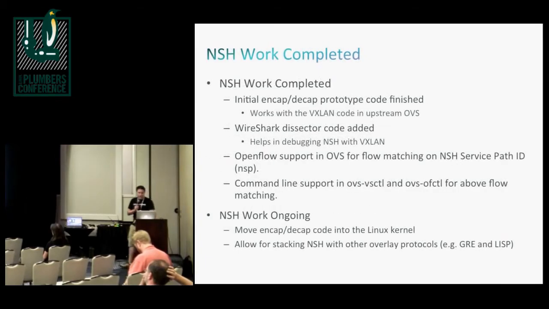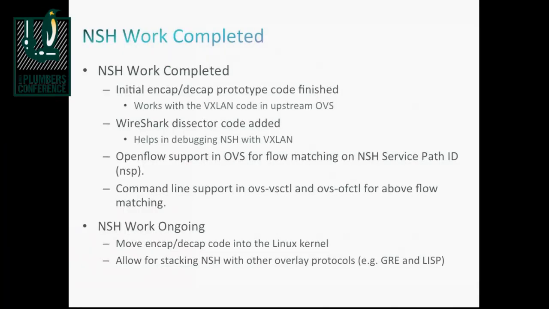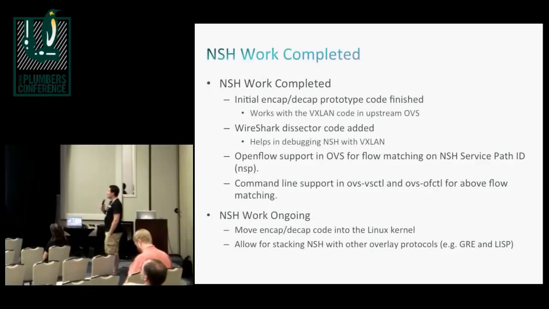Okay, NSH work. The NSH work that we've been doing, we started working on that this summer. We started working on that in OVS, and we started implementing NSH initially on top of VXLAN in OVS, kind of as a proof of concept to try it out.